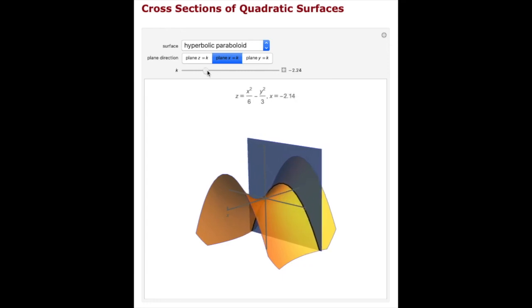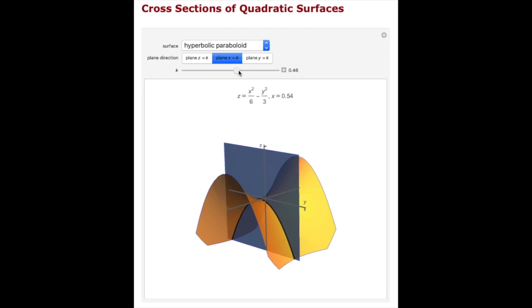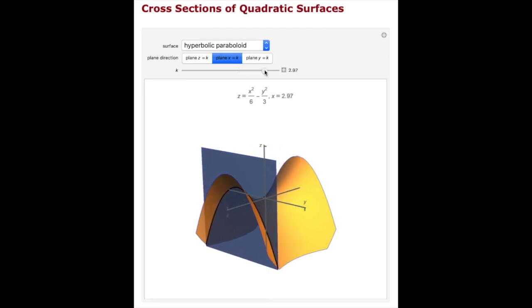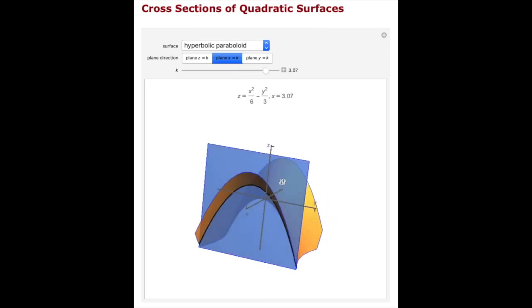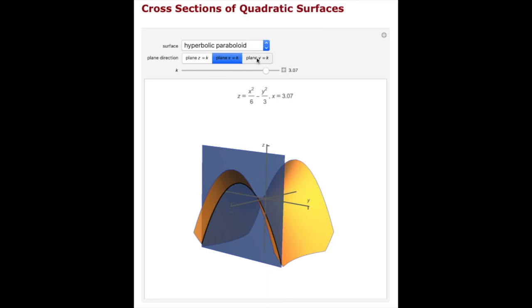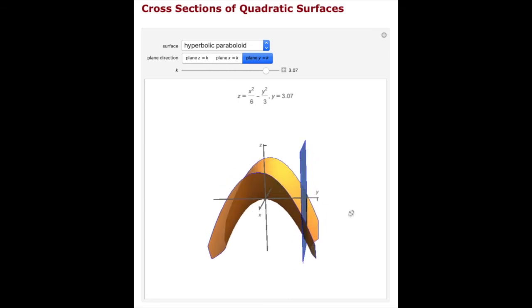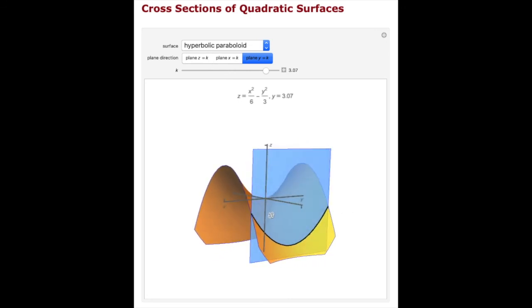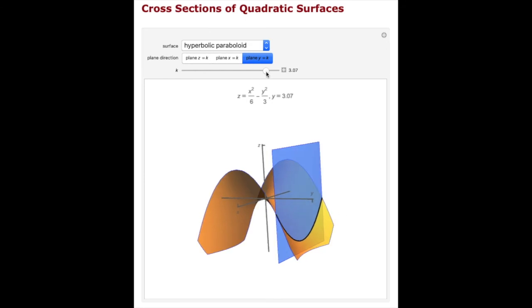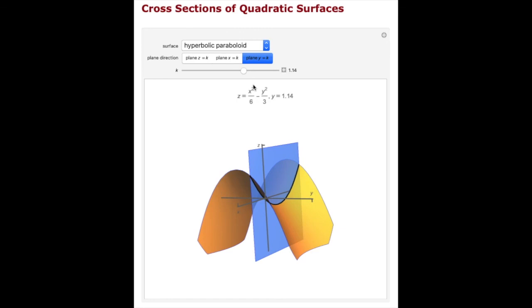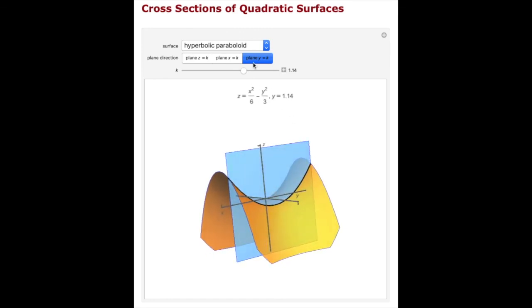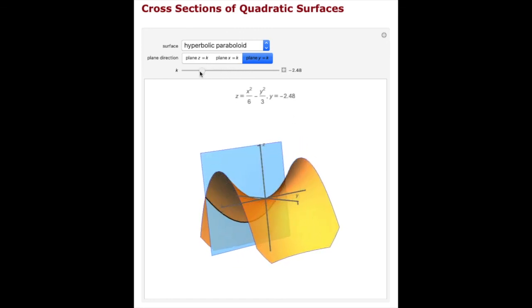These are giving us parabolas, downward facing parabolas in the planes x equals k. And in the planes y equals k, the planes are now parallel to the xz plane. We're looking at the traces, in other words, the curves of intersection of these planes with the hyperbolic paraboloid, and we see that we are getting parabolas again, this time upward facing parabolas.